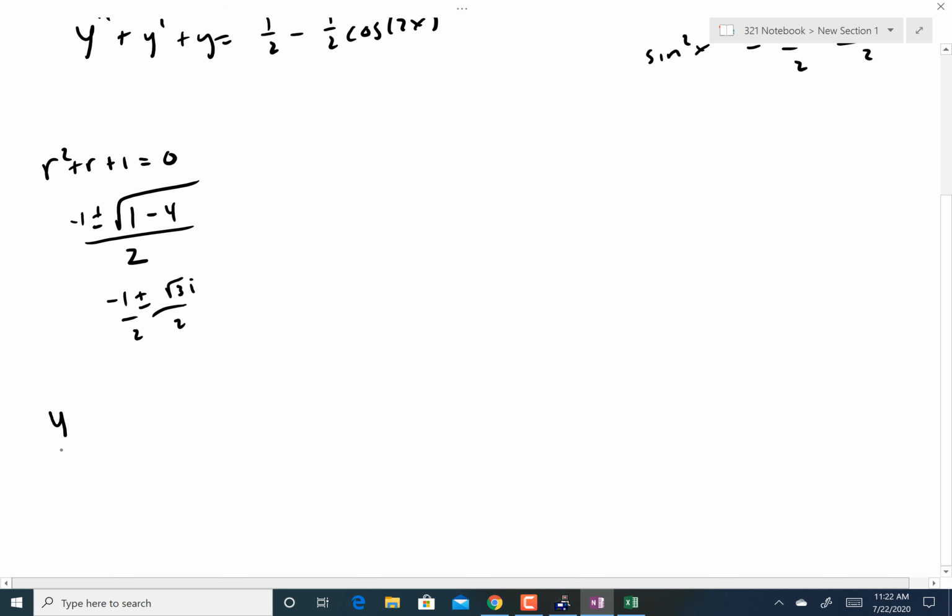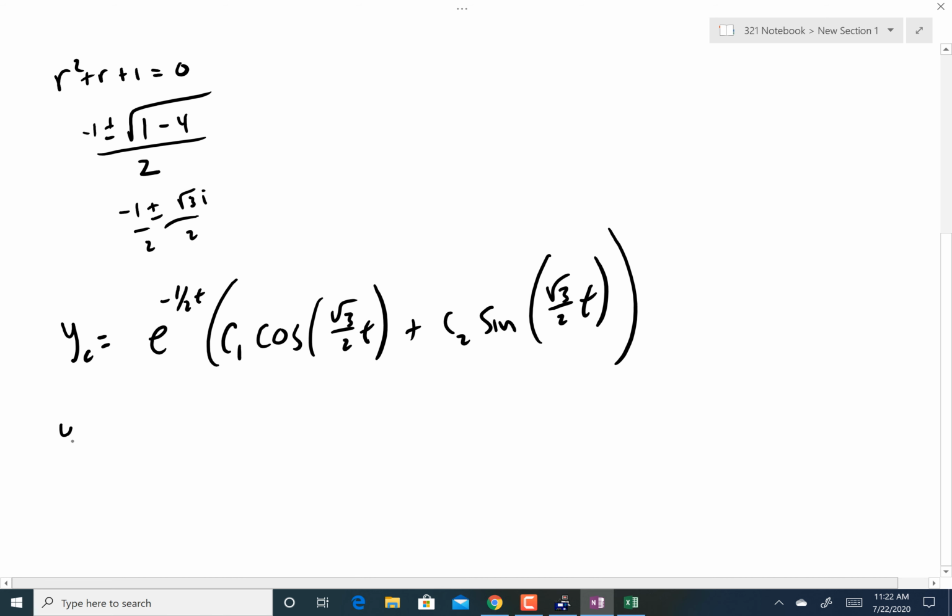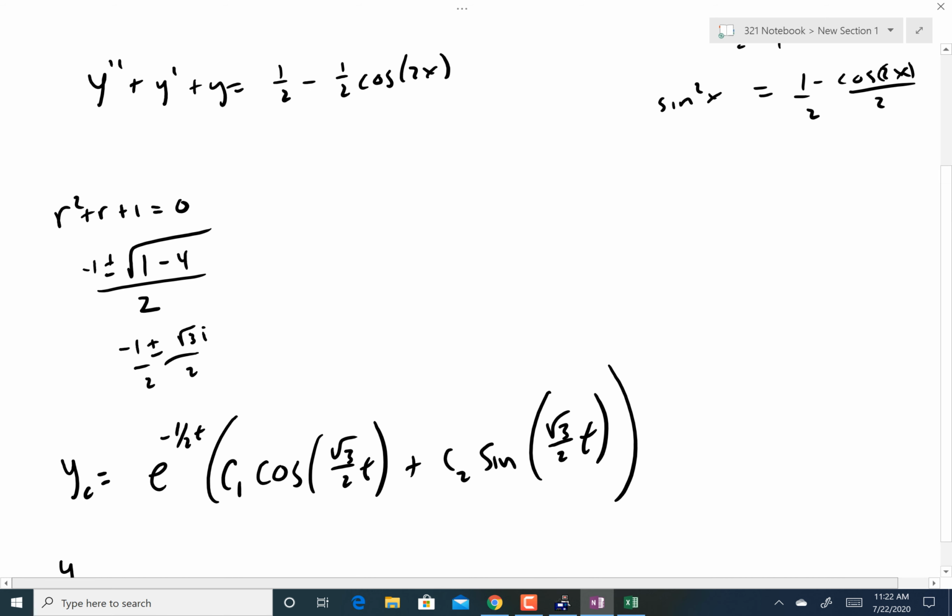Meaning that my complementary solution is going to be of the format e to the negative 1/2 t, c1 cosine root 3 over 2 t plus c2 sine square root of 3 over 2 t, like so, right? That's the complementary solution.